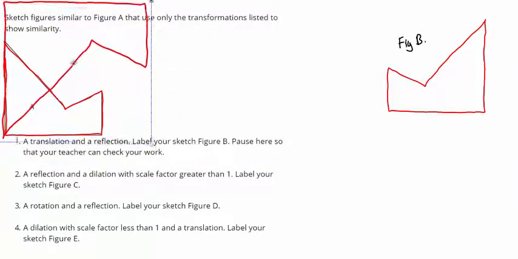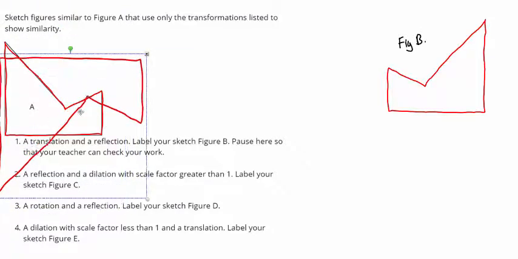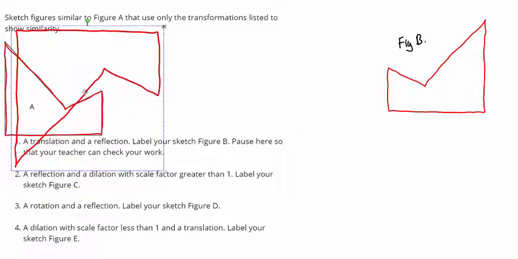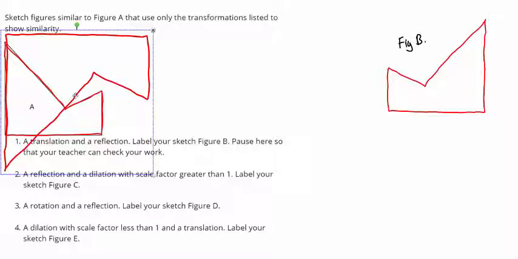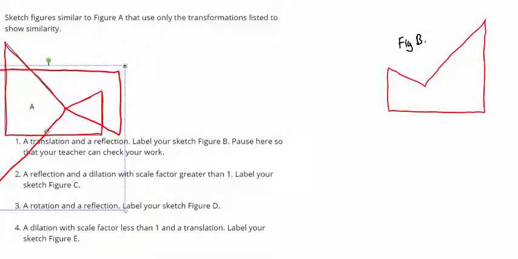So it would look like, we can make it like that. Well, it's just a reflection. So if we did that and made our line a reflection right here, that's what the figure would look like.